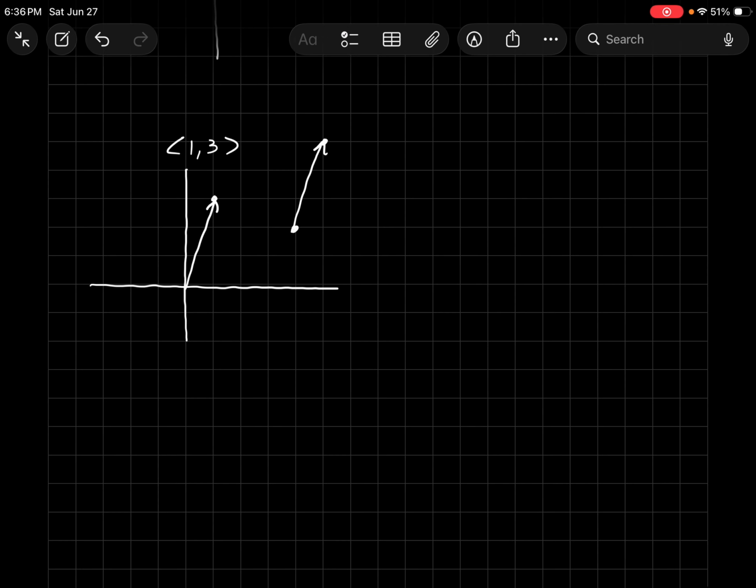In other circumstances, they're not, but that's really beyond the scope of this course. But the big idea here is that if you have a vector, you can essentially move it where you want, and it stays the same as long as you don't change the length or the direction that it's pointing. So all of the vectors I just drew are equivalent.